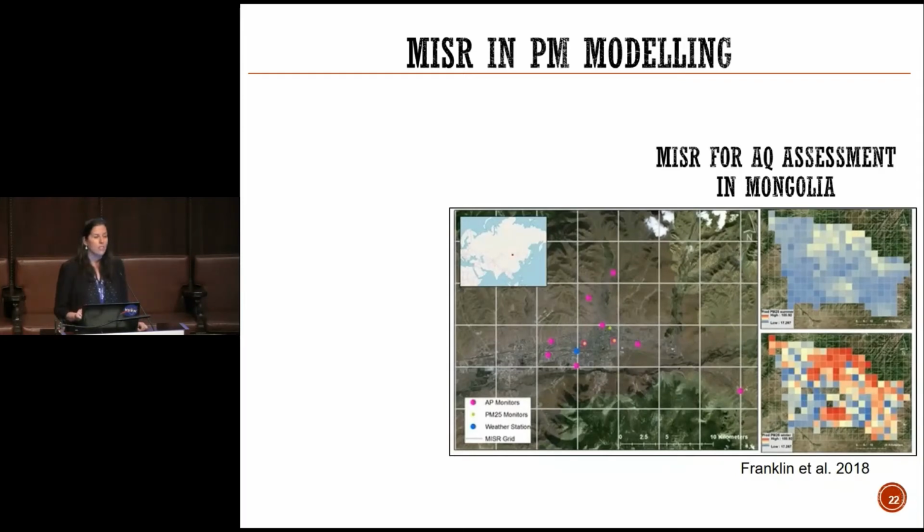I do want to mention that this is such a polluted city that the concentrations measured in the ground stations exceed 20 times the WHO guidelines. Our next step is taking our model and associating it with health effects, and hopefully helping them make progress in regulations to reduce the air pollution sources.